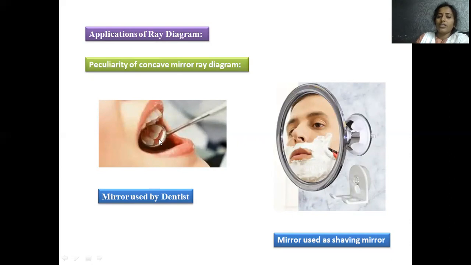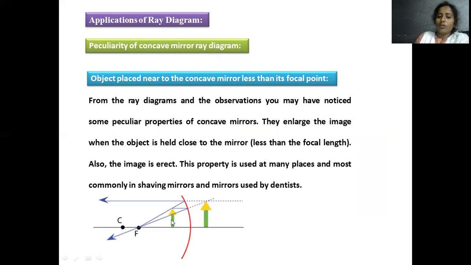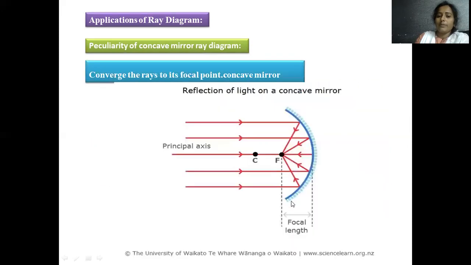So this is an application where dentists diagnose the tooth structure and cavities. And even in the shaving mirror, the same analogy gets applied, right? So this is for the position of the object very close to the concave mirror, where dentists diagnose any defects in the tooth structure, and you can apply the same in shaving mirrors.